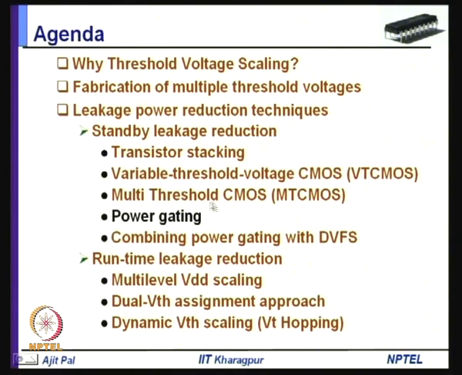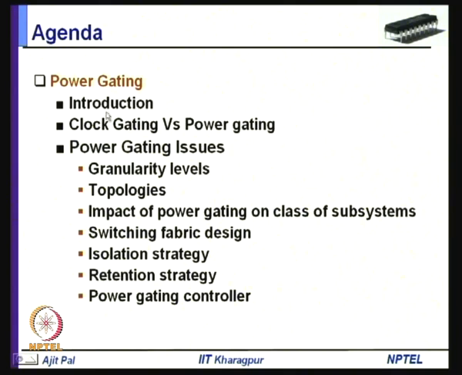This MT CMOS approach has now become very matured, and nowadays it is also called power gating. Today I shall discuss this approach in detail, and in my next lecture we shall continue with other techniques for leakage power minimization.